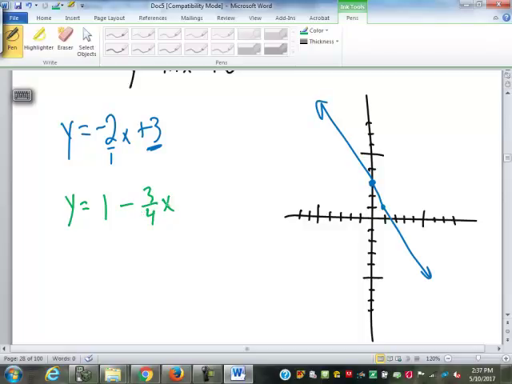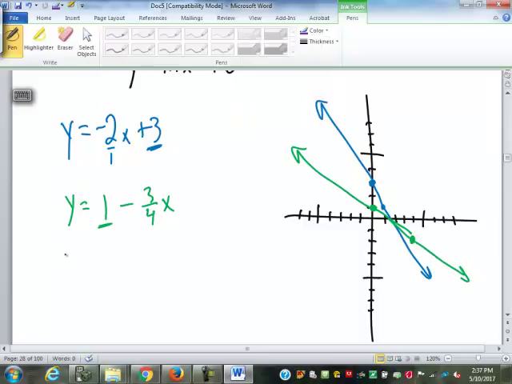Negative 3/4 is multiplying x, so the positive 1 is the number not multiplying x. That's where we start. And from there we go down 3 and over 4. Beautiful. So I take out those marks and we just go through those 2 points. So there's my line.